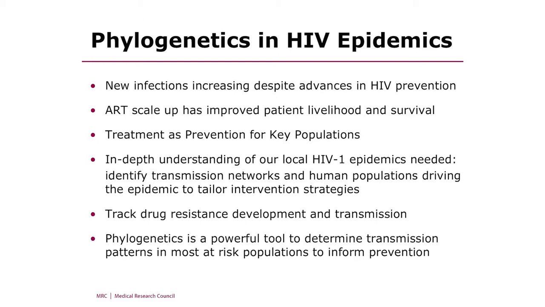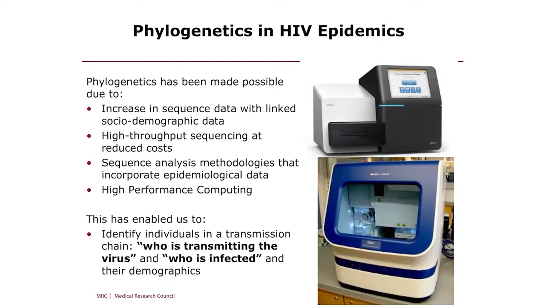So at the moment we are utilizing phylogenetics to understand our epidemic for prevention. How has phylogenetics been made possible? As you know, technologies have tremendously improved, and we have a lot of sequence data available, and a lot of socio-epidemiological data.